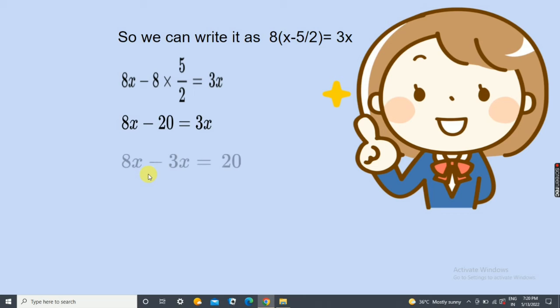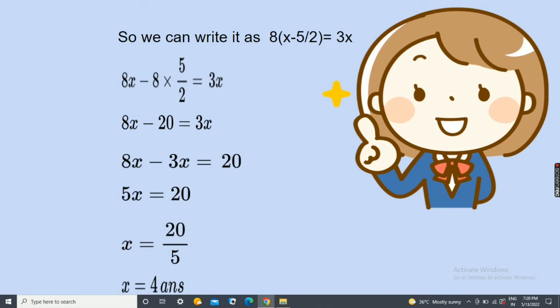So it becomes 8x minus 3x is equal to 20. Solving this, 8x minus 3x is 5x, so 5x is equal to 20 and x is equal to 20 upon 5. 5 ones are 5, 5 fours are 20. We get x is equal to 4.